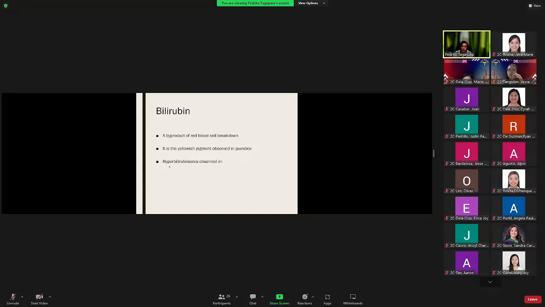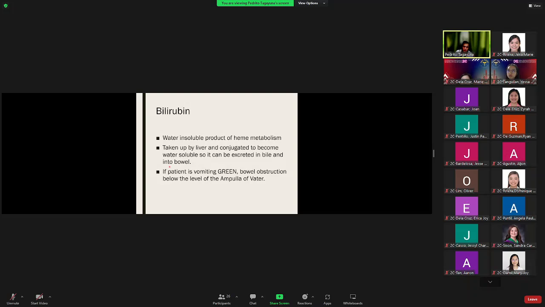Hyperbilirubinemia is observed in gallstones, in acute and chronic hepatitis. So it can be seen in obstructive liver disease, such as in gallstone, and also in hepatitis, which is a different pathophysiology, which is hepatocellular injury. Why? Because bilirubin conjugation happens in the hepatocytes as well.